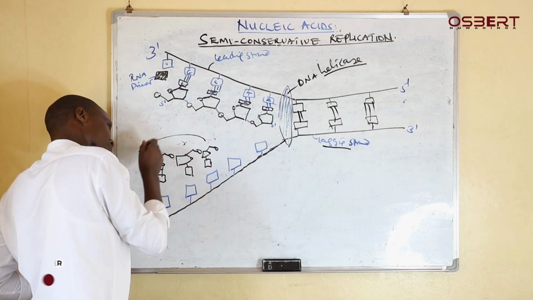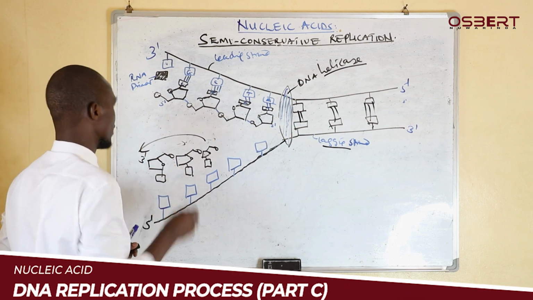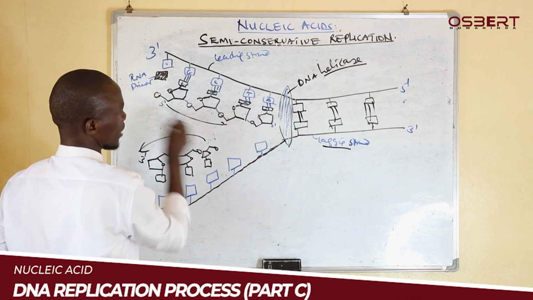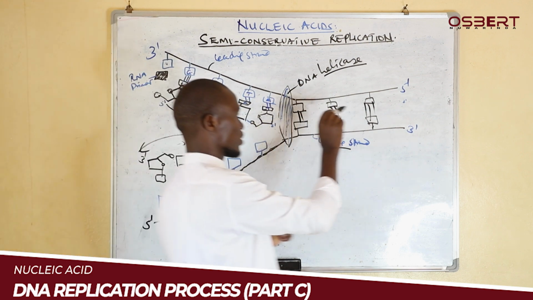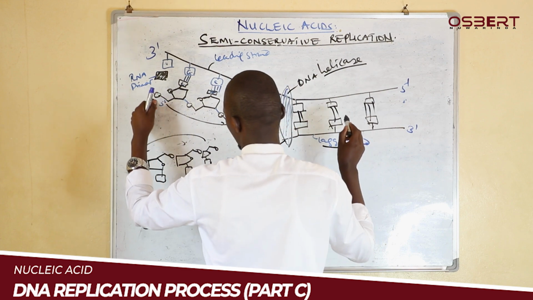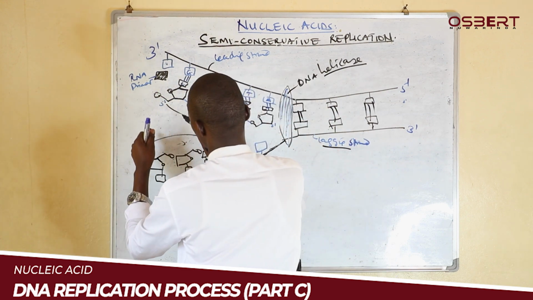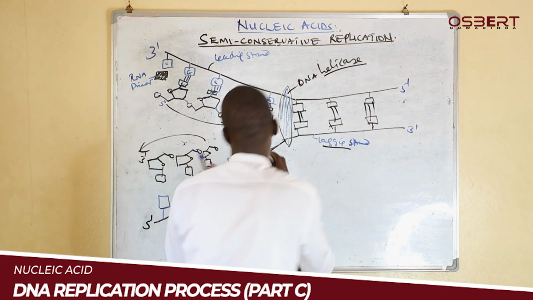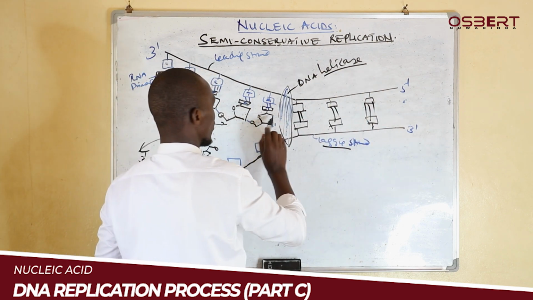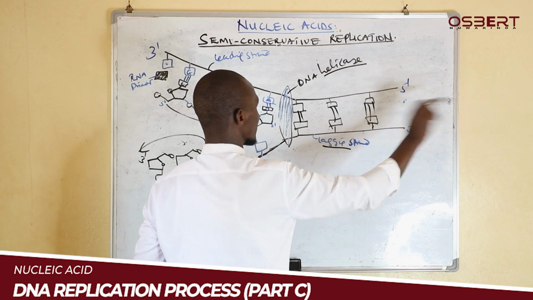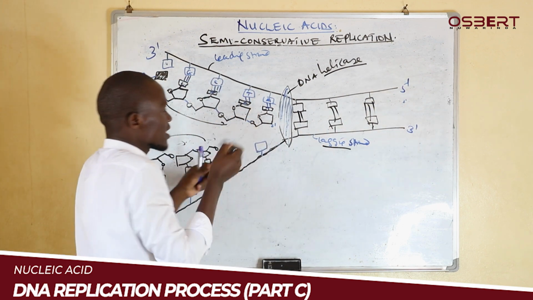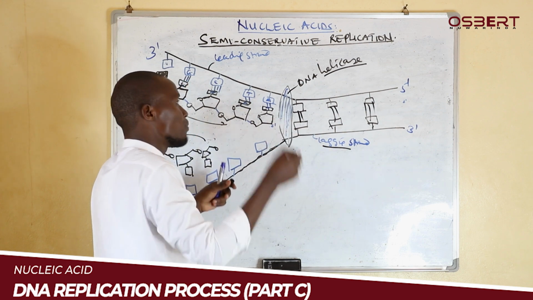As it was the case here, we were moving in 5' to 3', so everything was okay, because the chain being added was in 5' to 3', the same direction in which DNA polymerase works. We replicate it continuously because the new chain is added in the same direction in which DNA polymerase works.